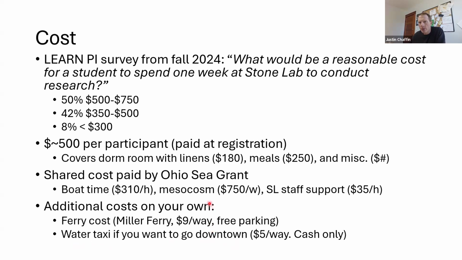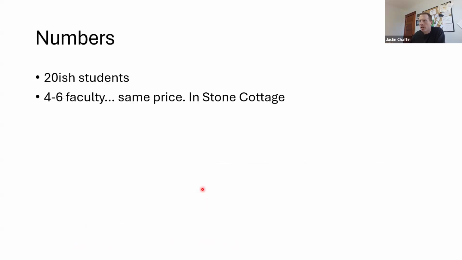So that's the costs. I'm hoping to get about 20-ish students. Okay, 20-ish is my goal. And then 4 to 6 faculty members, which would be the same price. The students would stay in the dorm.